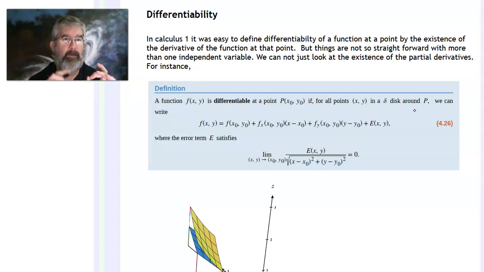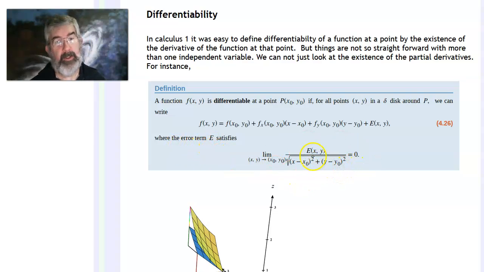It might be a big circle, it might be a small circle, but it has to be at least some disk of points, that we can write f of x, y equals f of x0, y0 plus the partial of f with respect to x at x0, y0 times x minus x0 plus the partial with respect to y at x0, y0 times y minus y0 plus e of x comma y, when that error term e satisfies this limit.